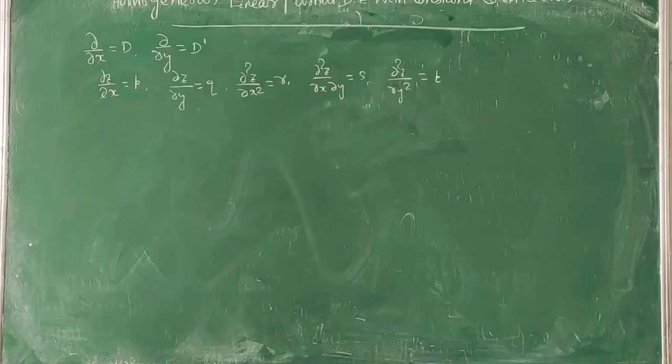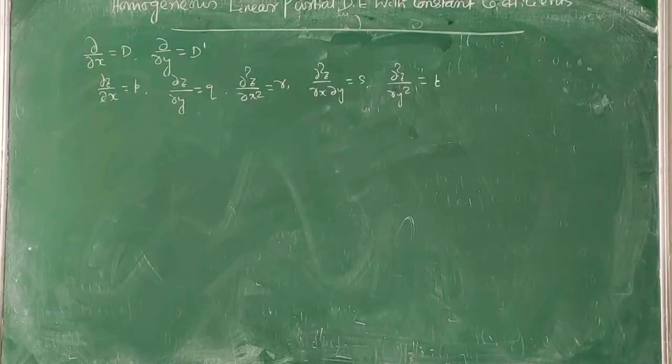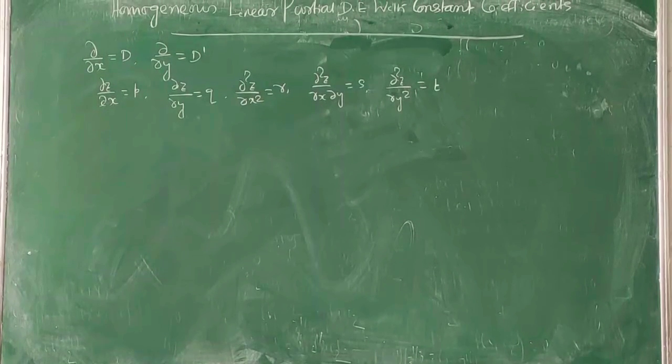The main part is that del by del x you take in operator form as D, and del by del y is D dash.